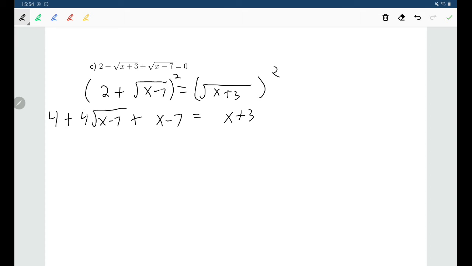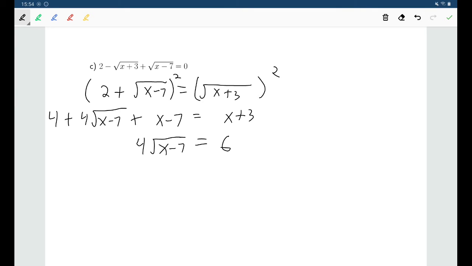Okay, so now what I'll do is I'm going to take everybody that's not a root and move it to the other side of the equation. So the 4 root of x minus 7, I'll leave that lying around over here on the left side. And the 4 and the x and the minus 7, I'm going to move that to the other side. And when I do that and simplify what's on the right side of the equation, it simplifies down to just giving me 6.